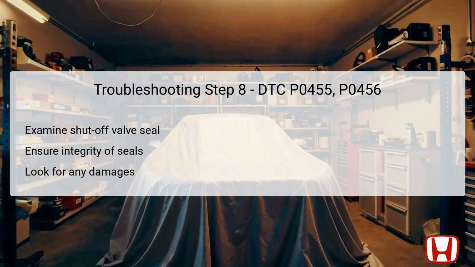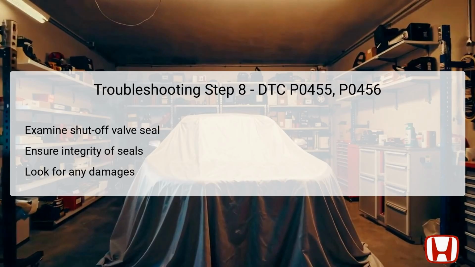After confirming the shutoff valve is functioning, the next step pertains to the seal integrity of this valve. Carefully inspect the flap seal and the mating surfaces for any signs of wear, missing segments, or damage. A compromised seal can lead to significant leaks within the EVAP system, hence must be replaced if found defective.